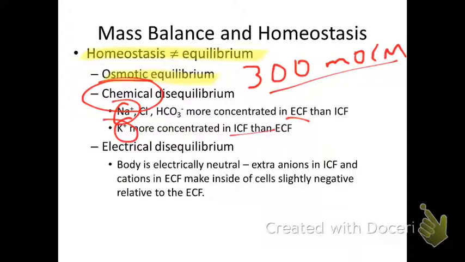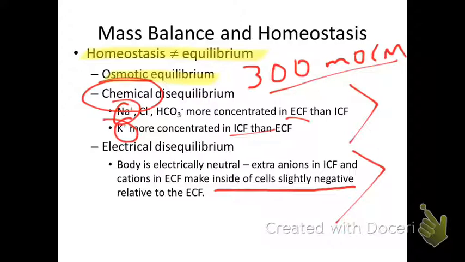But not only will there be a difference in the chemical equilibrium, but there will also be a difference in charge. What we're going to see over and over is that the inside of cells is more negative than the outside. The inside of cells is more negative than the outside.